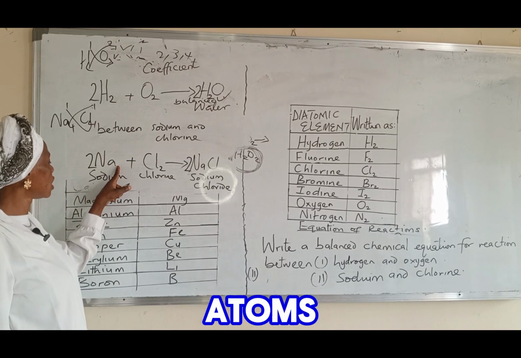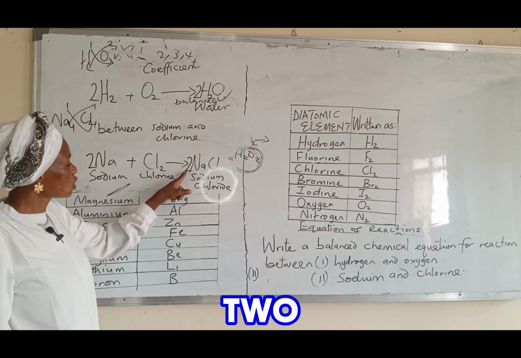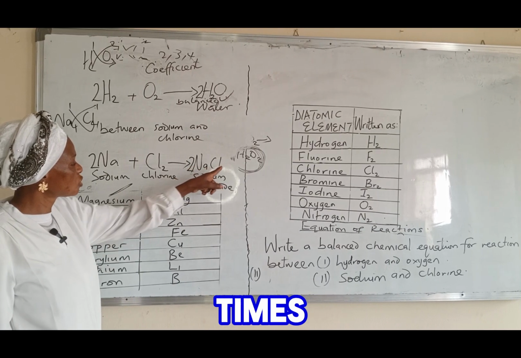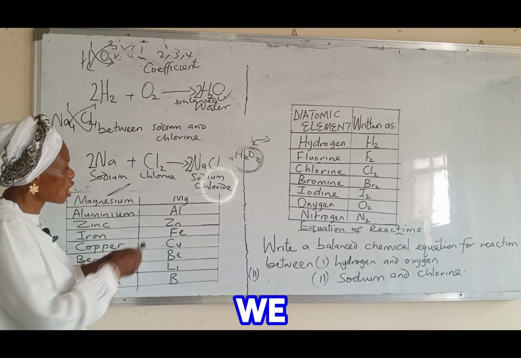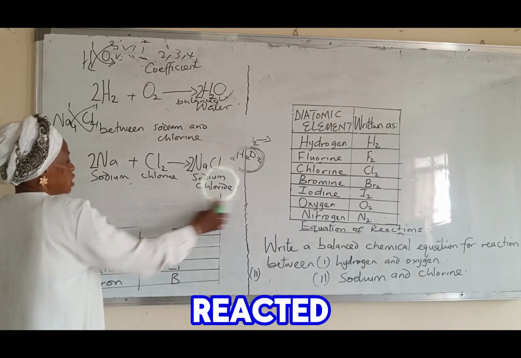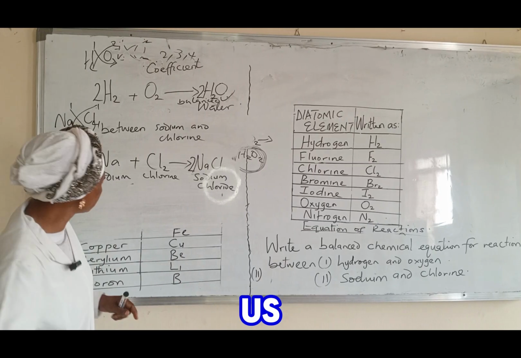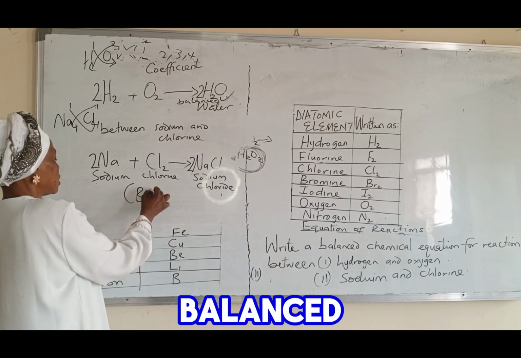We have 2 atoms of sodium. We have 2 atoms of chlorine. Let's check. 2 atoms of sodium. 2 times 1 here, 2 atoms of chlorine. So the 2 of them now, we have 2 atoms for each element they reacted together. So this gives us sodium chloride. So this equation is now balanced.